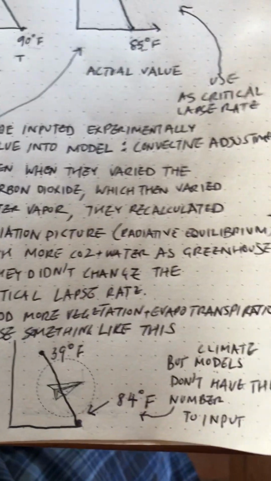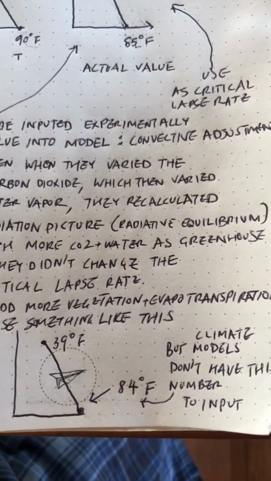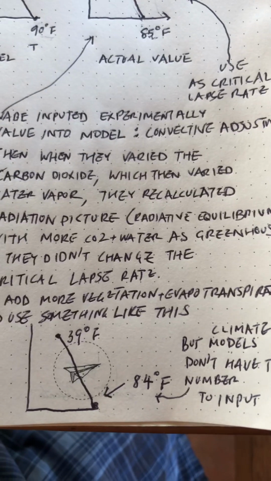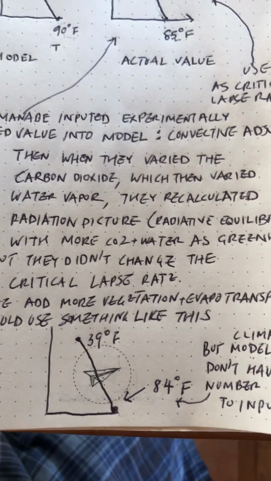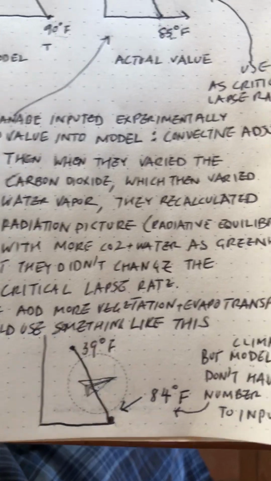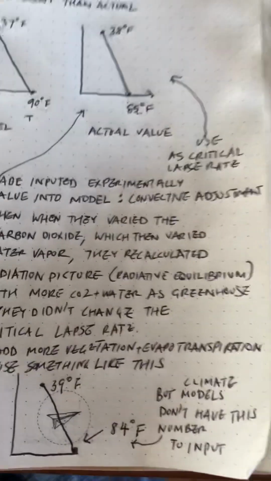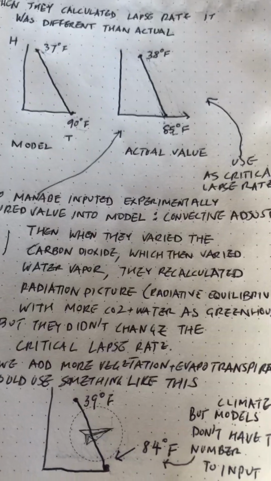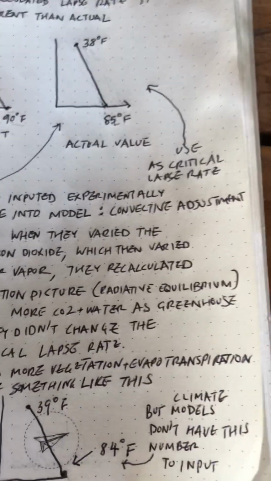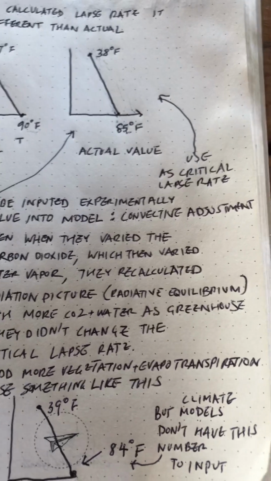There are some dynamic models that take into account this convection, the actual rising, but it's at a much smaller scale. They can't do the whole Earth. Maybe on a small 1 kilometer scale you can model this, but then you're not modeling the whole Earth, and so that's the problem right now.